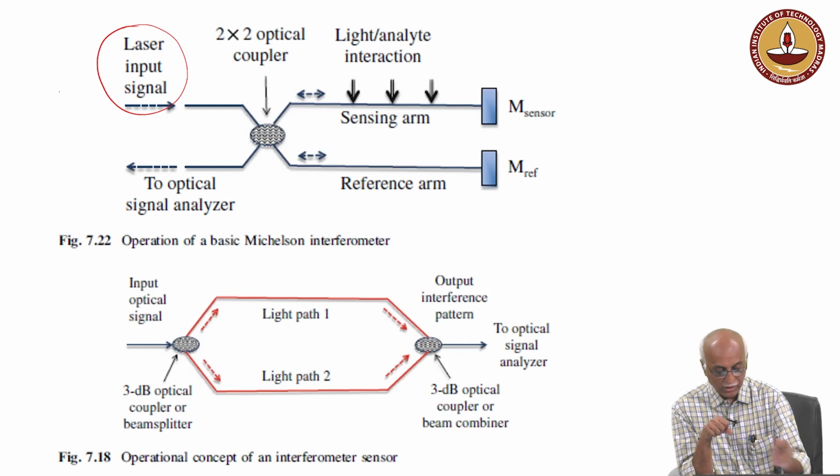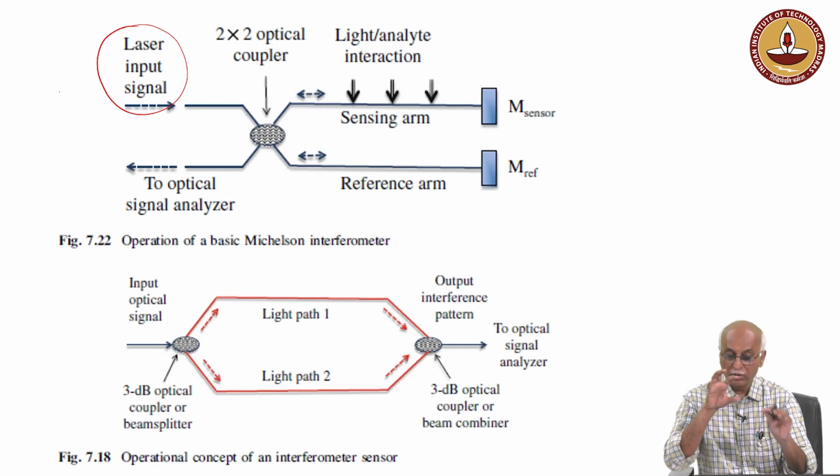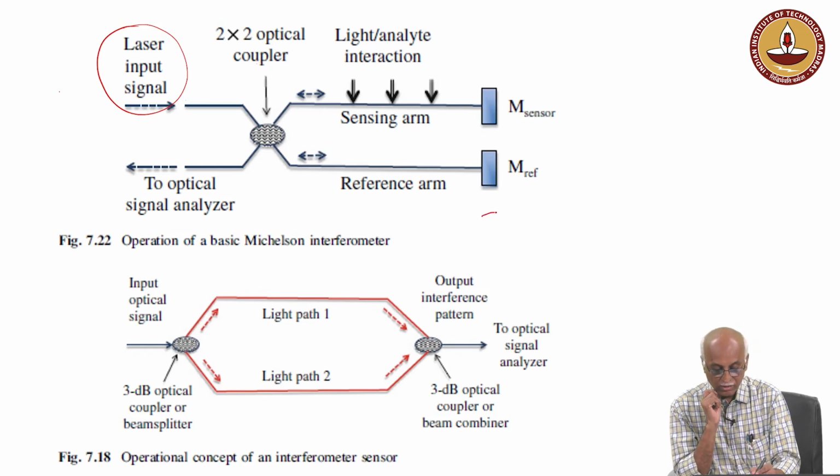Now, that light passes through a coupler. An optical coupler has 4 sections. It can allow input here, and then that input will go into these arms.